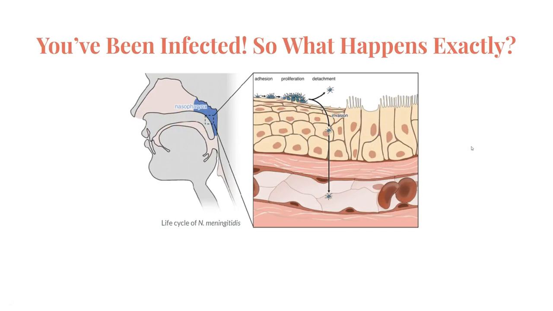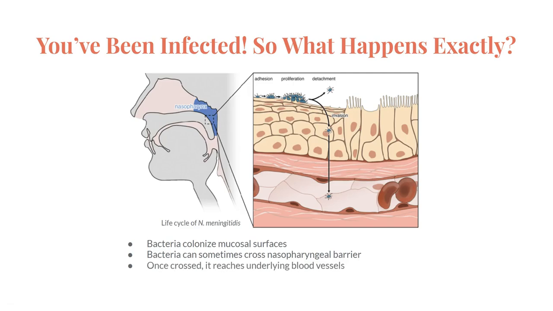So you've been infected. What exactly happens in the process? The bacteria does colonize the surfaces in the nasopharynx area, and for reasons unknown, we don't know exactly why or how it crosses that barrier just yet, but the bacteria can sometimes cross that barrier, which then leads it down into the underlying blood vessels.